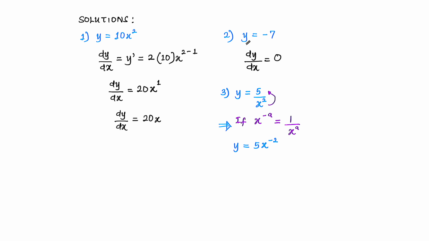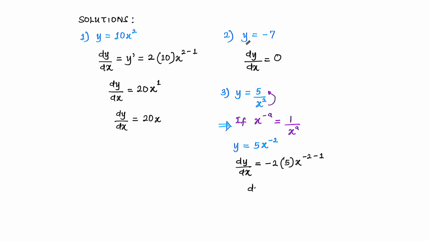But if the variable is at the denominator, we can still take the derivative, but we have to apply the quotient rule. So without applying the quotient rule, we brought the variable back up. Hence, we can apply the rule 1 and rule 2 that we've learned so far. So applying rule 1, that means dy/dx, or like we said, y prime equals, bring the power down, that's negative 2, multiply with the existing coefficient, which is 5, subtract 1 from the power.